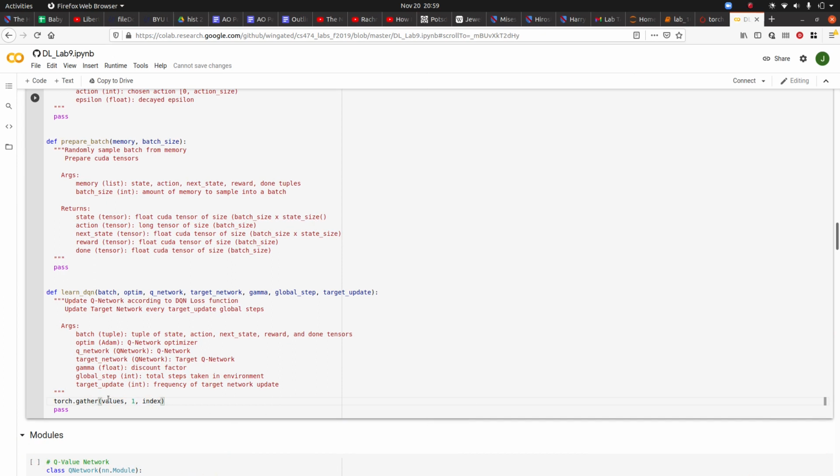So this will get you, if you view this in the right way, I don't know, it's probably like unsqueeze once or something like that. If you view this in the right way, then this will be all of the expected returns for the actions that we took in the given state.